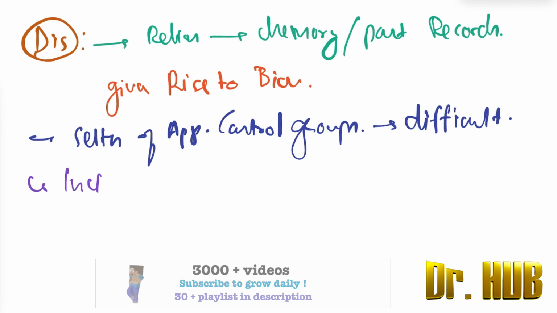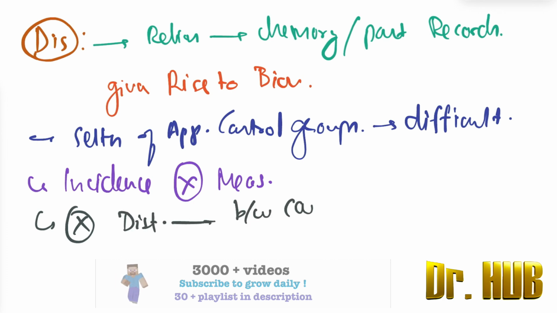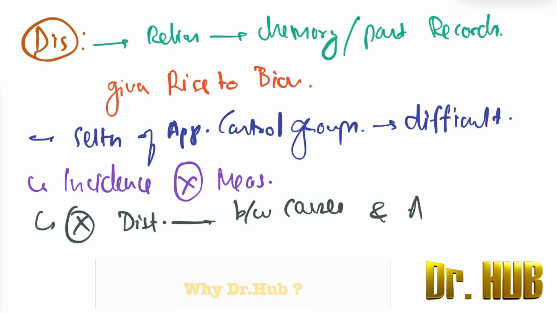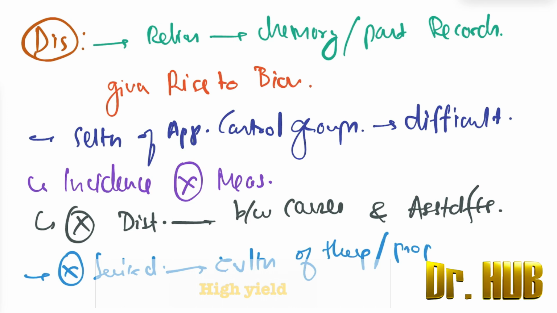Then comes the incidence. The incidence cannot be measured, and it does not distinguish between causes and associated factors. It is not suited for the evaluation of a therapy as well as prophylaxis.